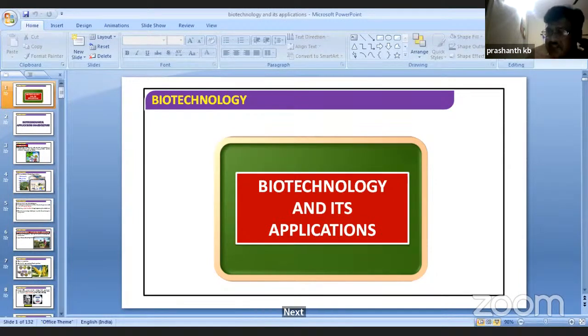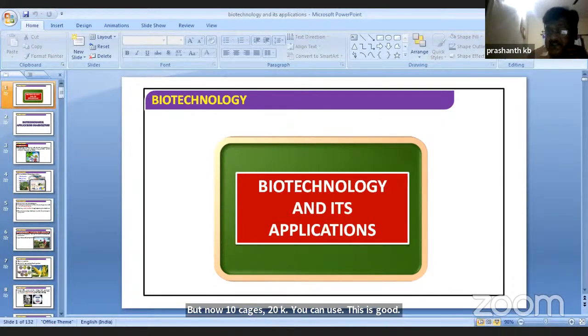Another importance of genetically modified plants: high yield. As I was saying, in our time 2 kg of tomato could be obtained from one plant, but now 10 kg to 20 kg can be obtained from a single tomato plant. So this is the hybrid variety.